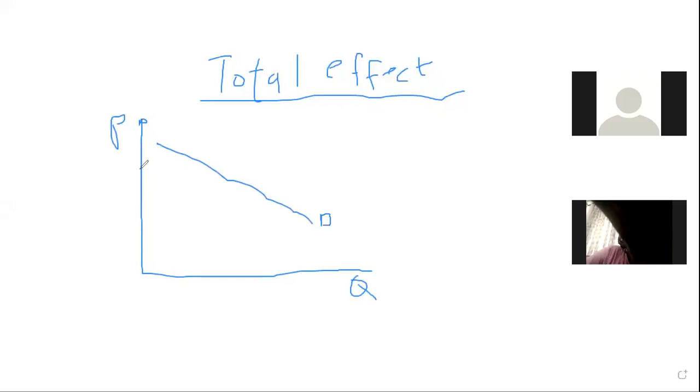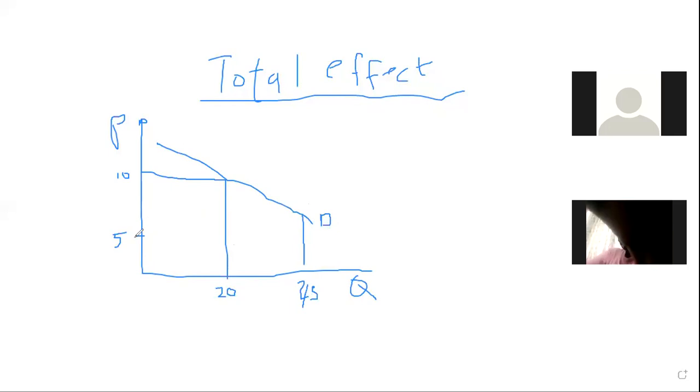So we know that if price is, let's say, 10, the consumer purchases, let's say, 20. And if price falls to 5, the consumer purchases 45. Right?